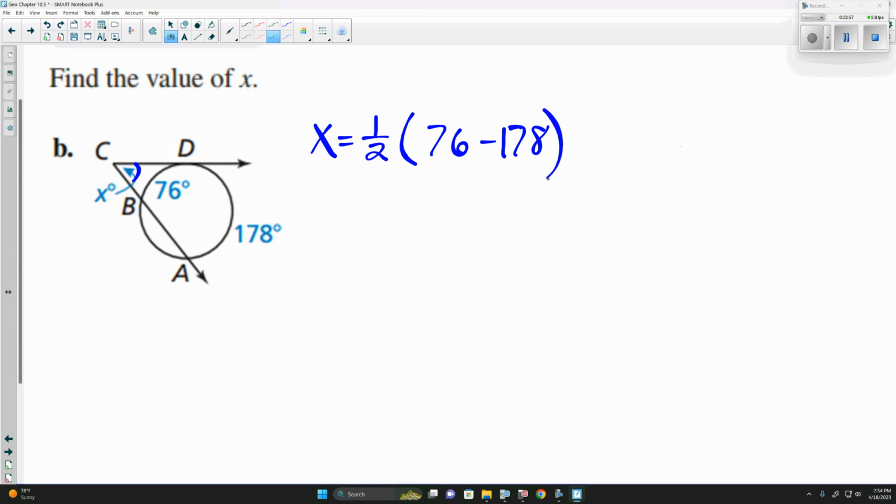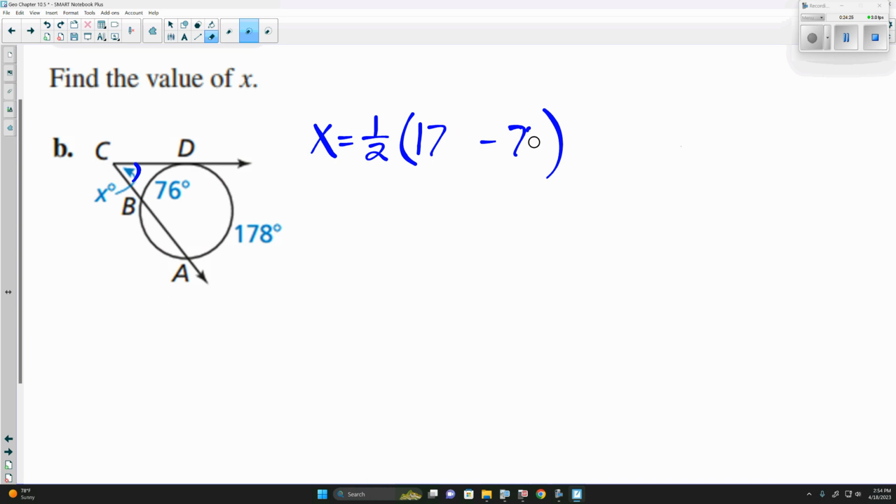Well, is this going to give us a positive number? No. Yeah, it just worked out. They both had a 7. The bigger arc is always going to go first. Yes.